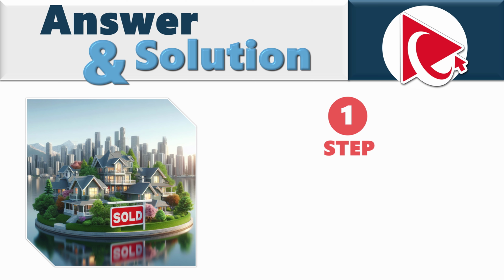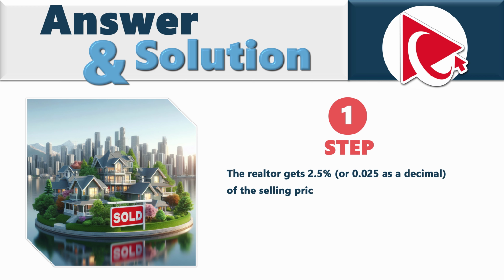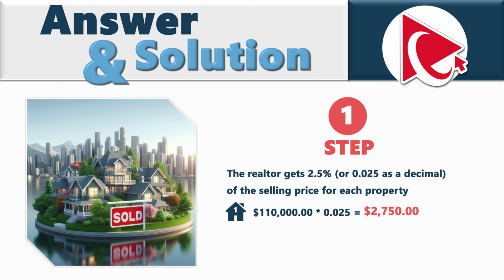Let's start with the step 1. We know that realtor gets 2.5%, or in decimal, 0.025 of the selling price for each property. So for house 1, the commission will be 110 multiplied by 0.025, and it would be equal to $2,750.